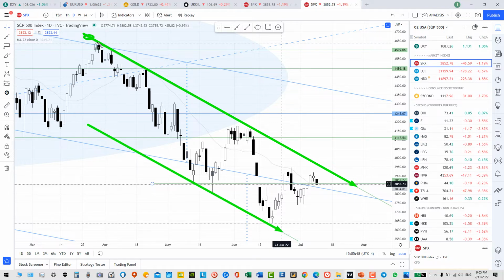So keep in mind that the index is under strong selling pressure as long as it is running within this downtrend channel over the short term.